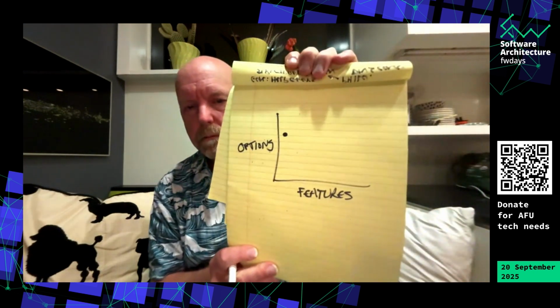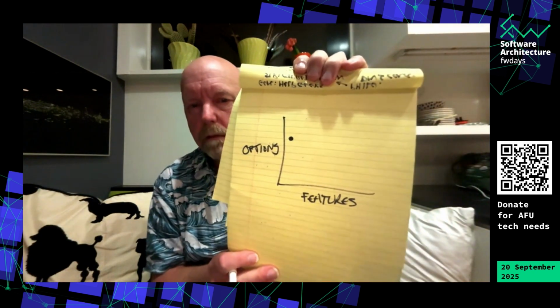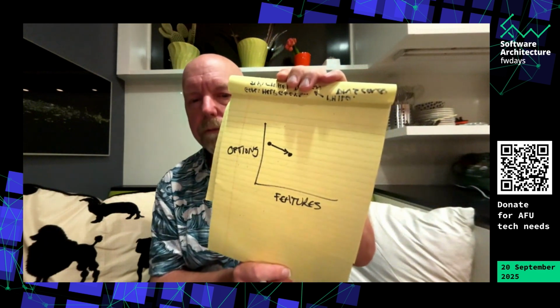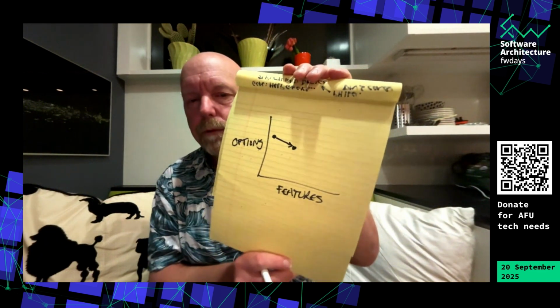So we start out with a bunch of options. You know, we could implement anything. That's fine. And then we implement the feature, and in the process, necessarily we reduce our options somewhat. I mean, backwards compatibility, for example. Now that we have this implemented, we have to keep it running. So I can't just do anything I want.